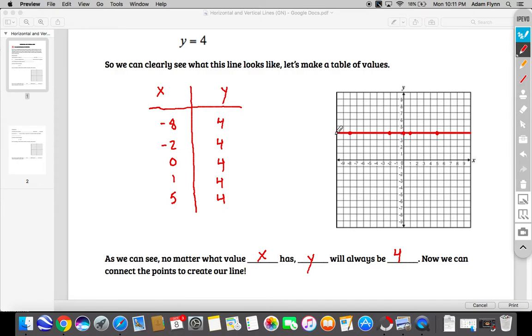Add some arrows to finish it off. There we are. So whenever we have y equals some number, we know we're going to have a horizontal line going through the number that is given. Pause the video if you need more time.